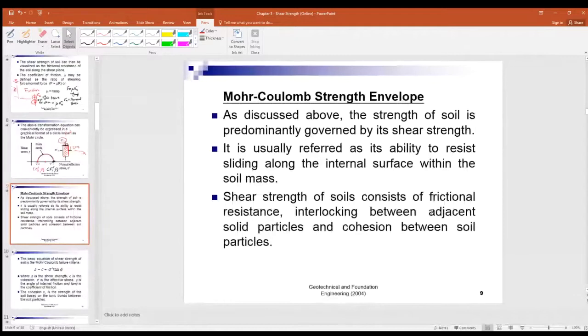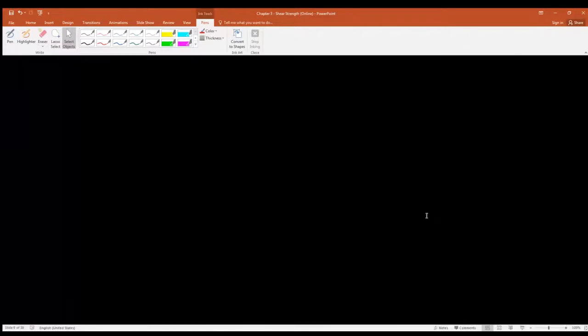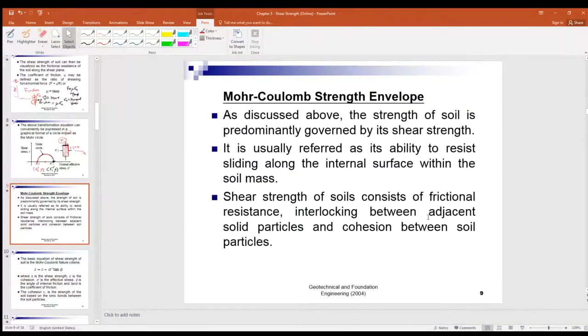Mohr-Coulomb strength envelope. We have talked about friction being part of the strength of the soil, the shear strength of soil.